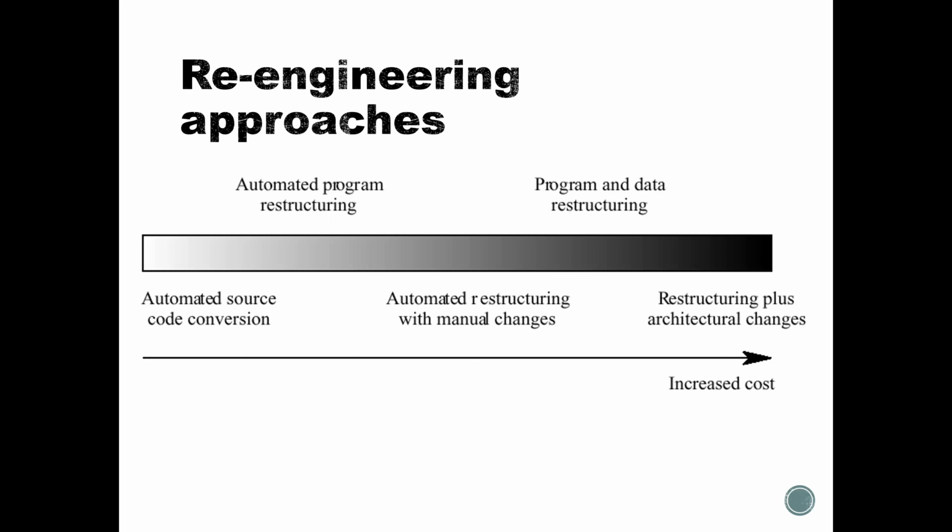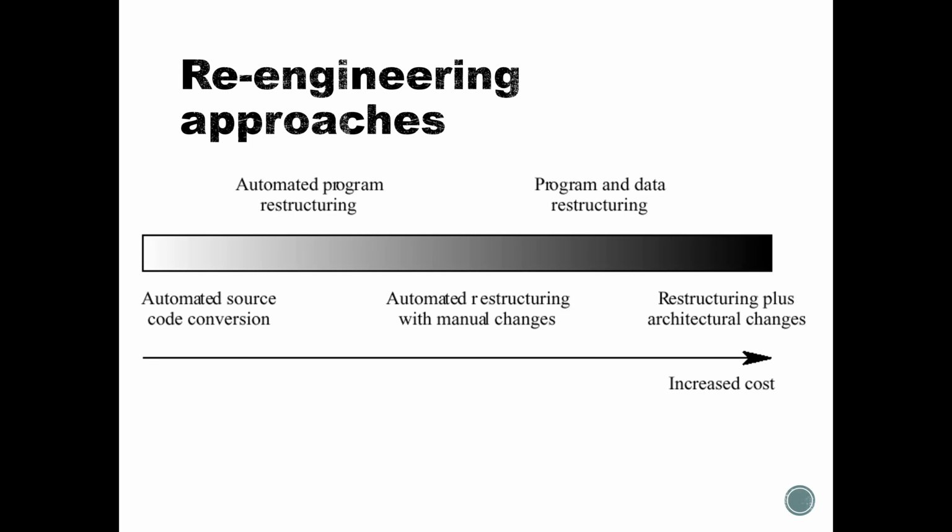If you see this graph, the cost of performing re-engineering increases from the left to the right side of this graph. When we are performing re-engineering and only dealing with source code translation, it turns out to be the cheapest part of re-engineering.